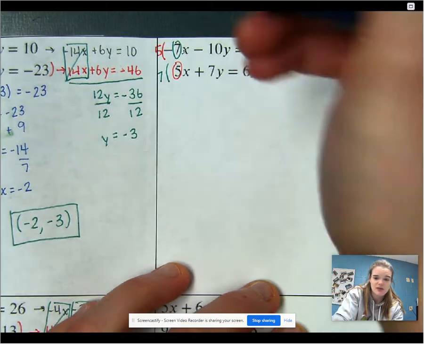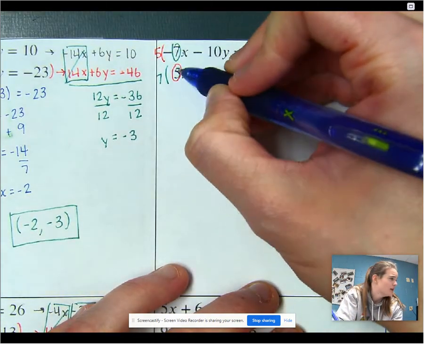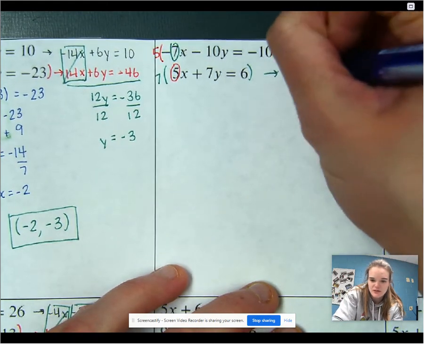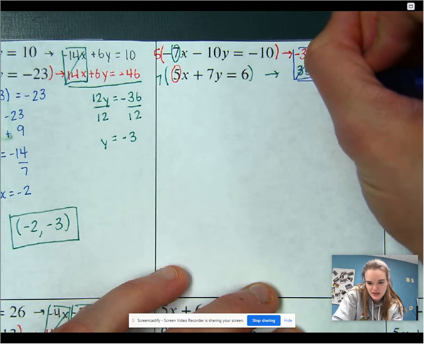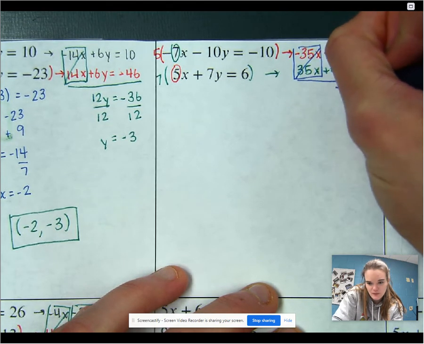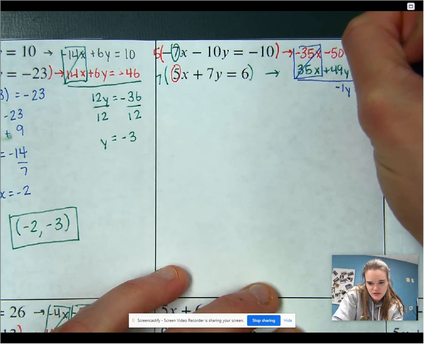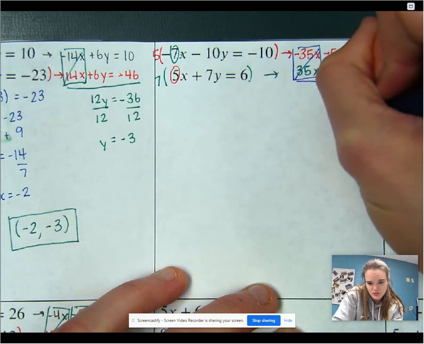And then add straight down. So we just take the coefficients in front and swap them. These are the ones we made cross out. Negative 50y plus 49y is negative 1y. Negative 50 plus 42 is negative 8. Divided by negative 1. Y equals 8.